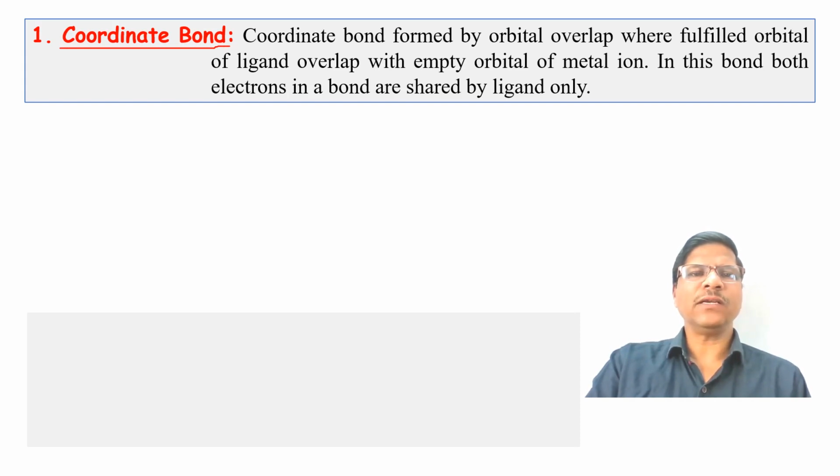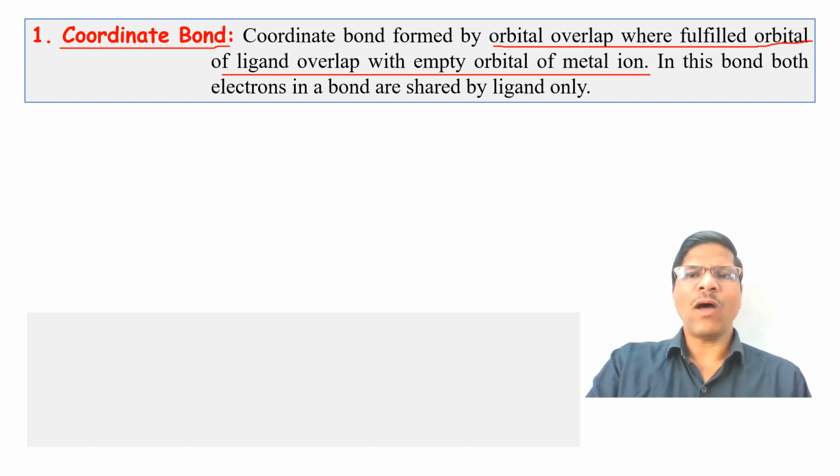In the coordination compound, there is a metal ion to which the ligands are bonded. Thus, in the coordinate bond, orbital overlap takes place between ligand and metal, where the filled orbital of ligand overlaps with the empty orbital of the metal ion.